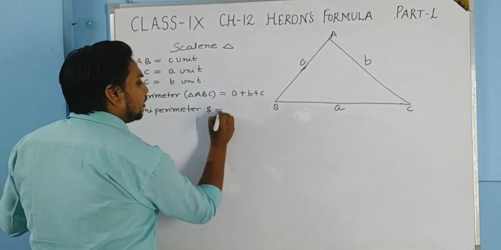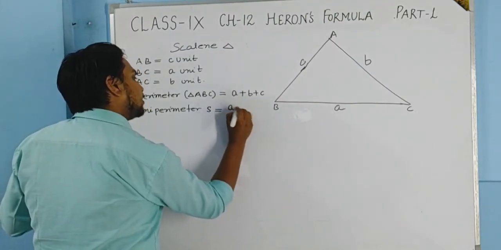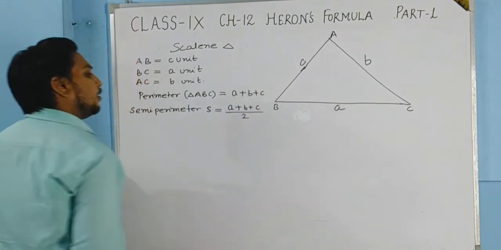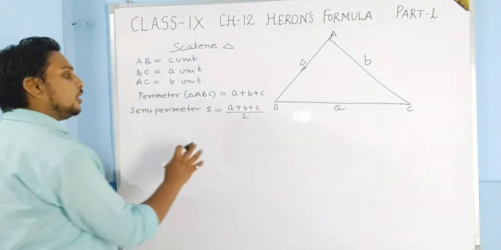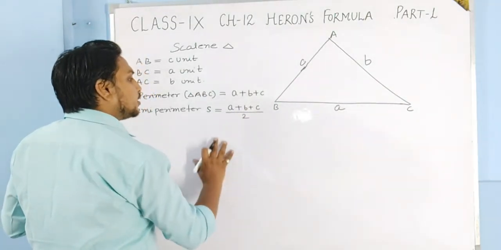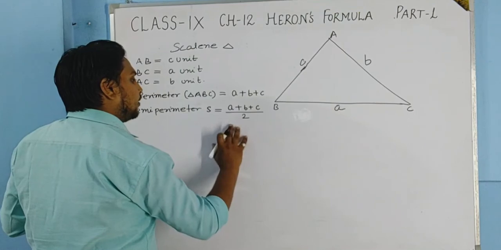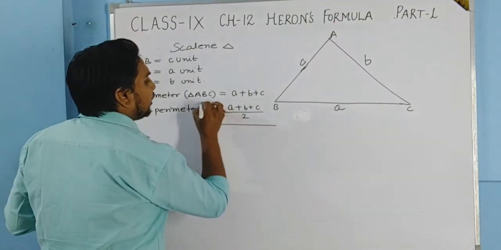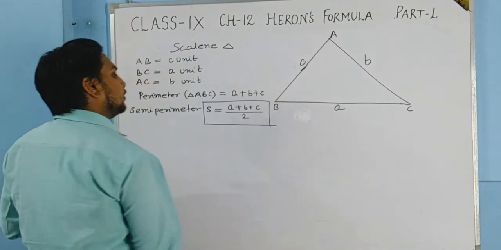The value of s is half of the perimeter. Firstly we will find the perimeter and then we will divide it by 2. So it is called the semi perimeter of the triangle.